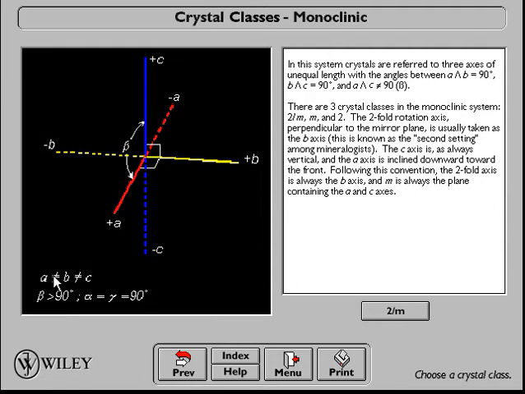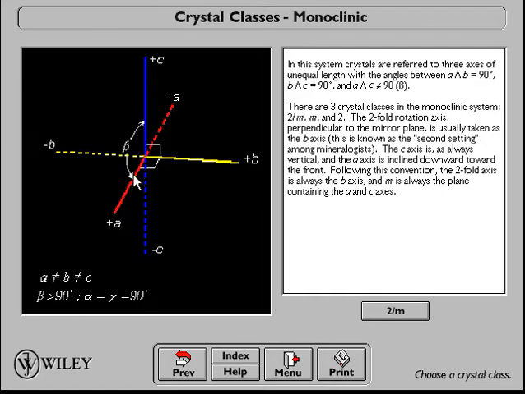And A is not B and B is not C. So they have unequal lengths, as it is written here. And here the angle beta is larger than 90 degrees.